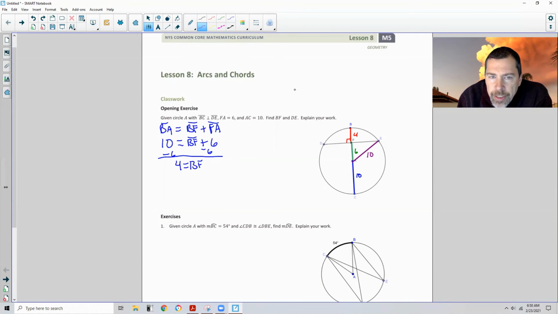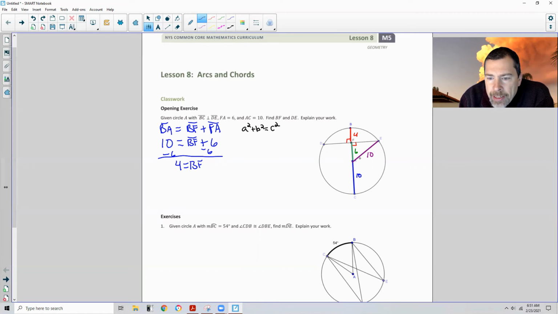Now I have a right triangle. Remember, we said this is a right angle because they're perpendicular. So I use the Pythagorean Theorem: a squared plus b squared equals c squared. I'm a big proponent for writing formulas. Notice over here I did it, and it's so simple when you use a formula and substitute givens.